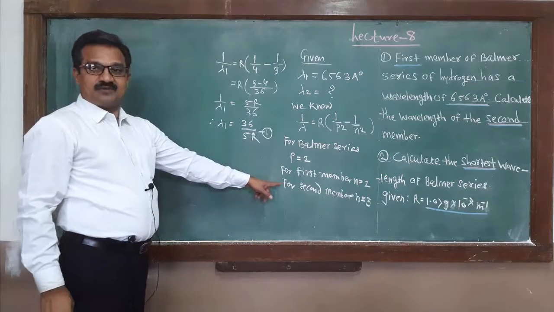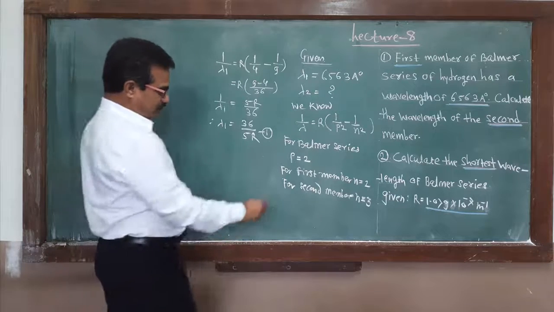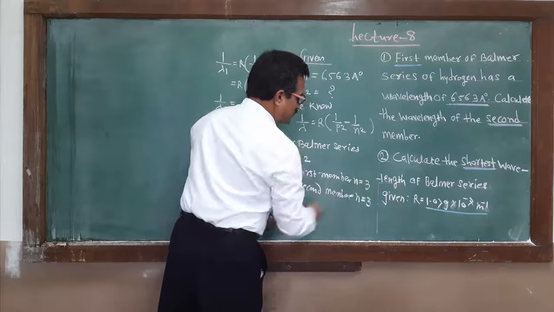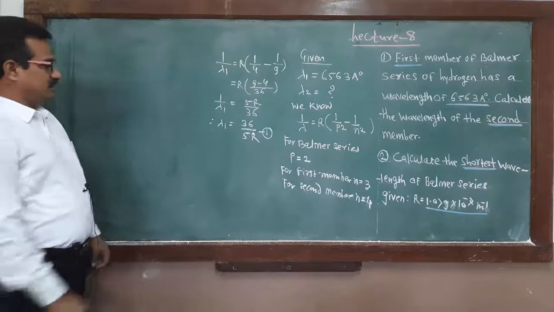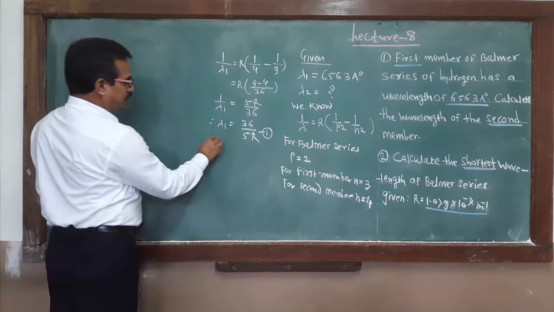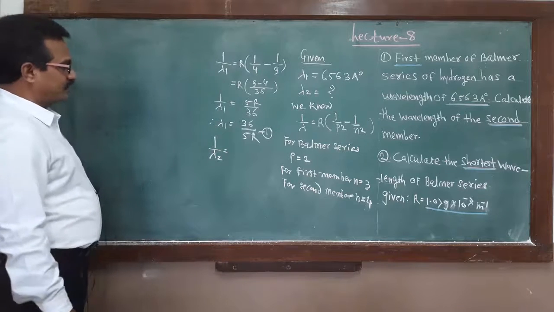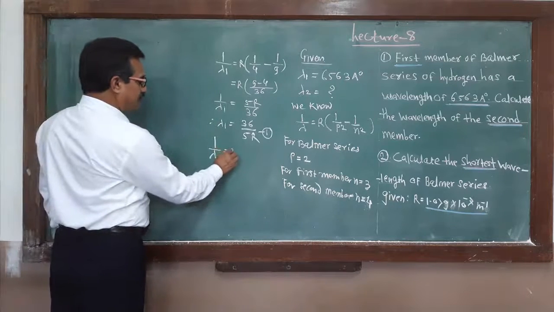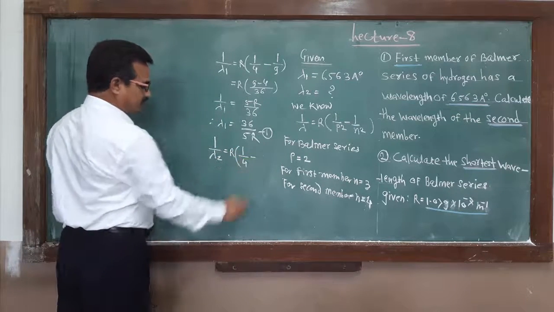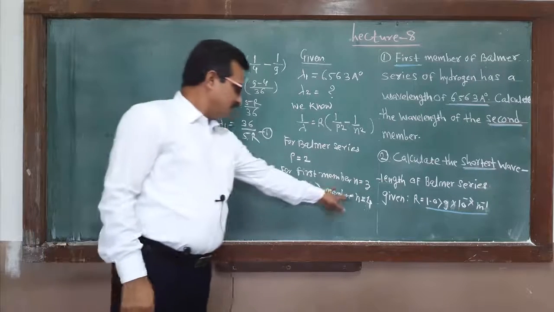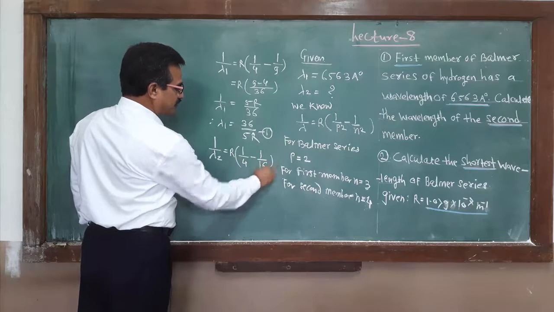For second member, sorry, here N is equal to 4. For second member, 1 upon lambda 2 is equal to R in bracket 1 upon 4 minus, N is equal to 4 means 1 upon 16.